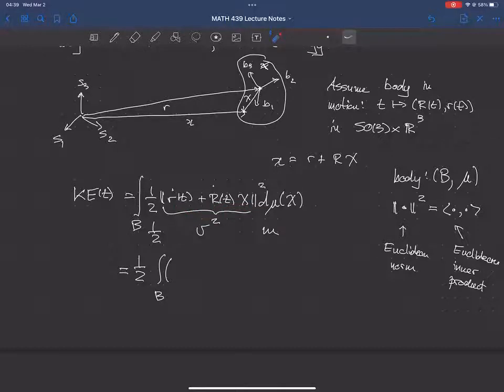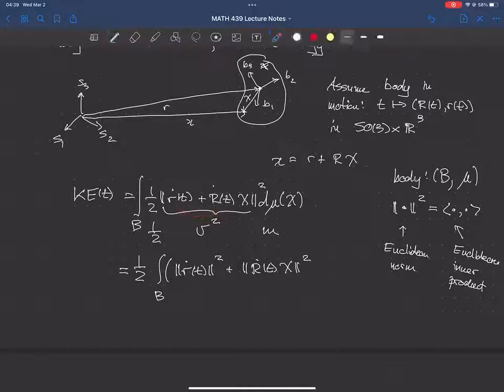Okay, so the inner product of this with itself is just going to give you... oops. Okay, and then similarly, the inner product of this with itself is just going to give you the norm squared of that. Okay, and then you have the cross term.